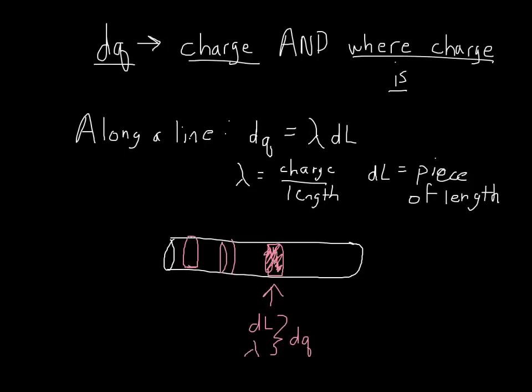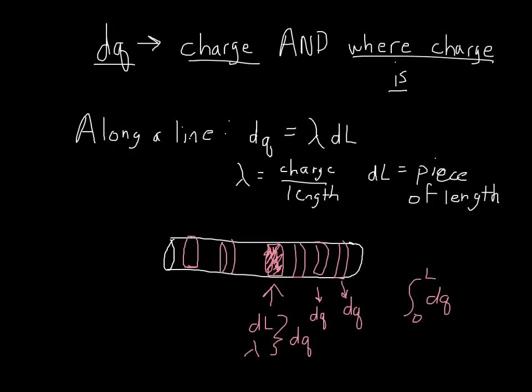And then I take that and add up a whole bunch of little dq's. I'm breaking this up into a whole bunch of tiny little pieces. Each one of those pieces is a little dq. And I add up all the dq's through the purpose of an integral from 0 to the whole length of this little piece of wire.